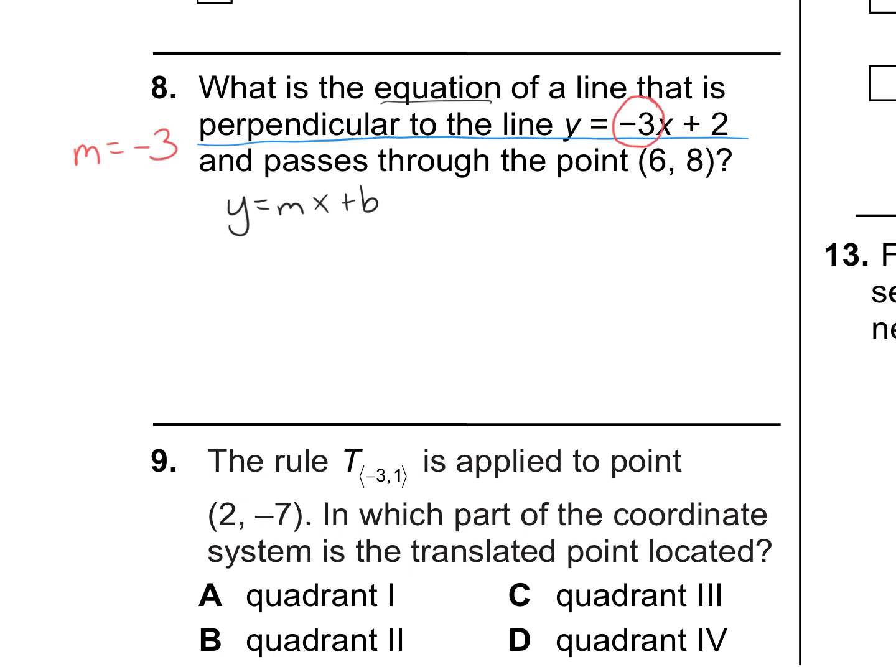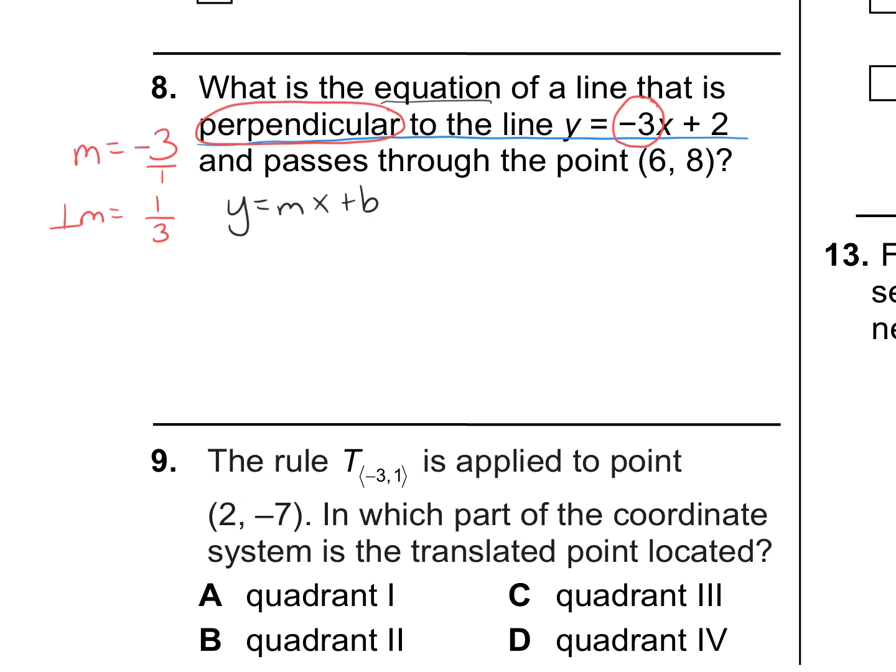Are we going to keep that slope, or do we need to change it? Yep, because we want perpendicular. So remember, perpendicular is opposite reciprocal. So what's the reciprocal of 3 over 1? 1/3. Opposite of negative is positive. Okay, so you flip the fraction and change the sign.